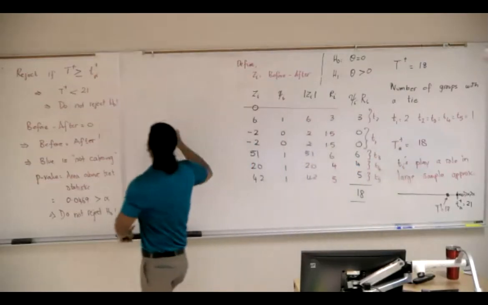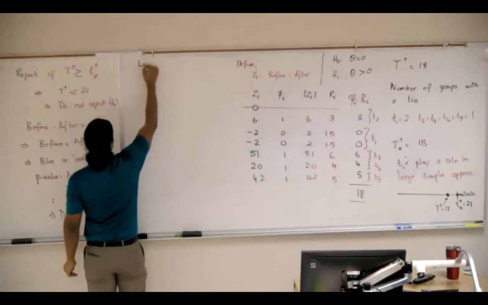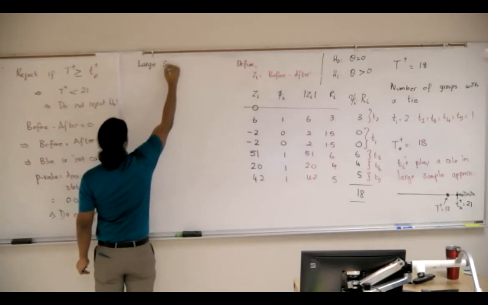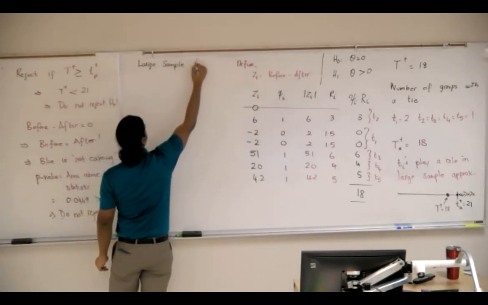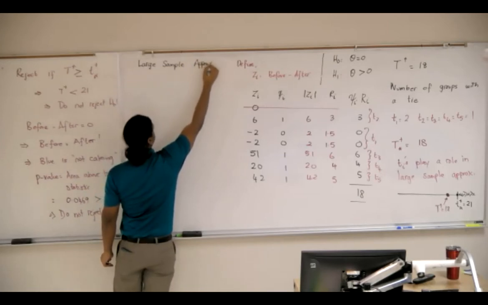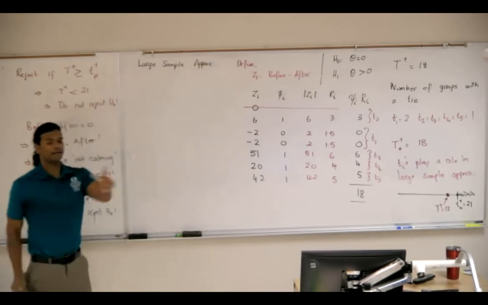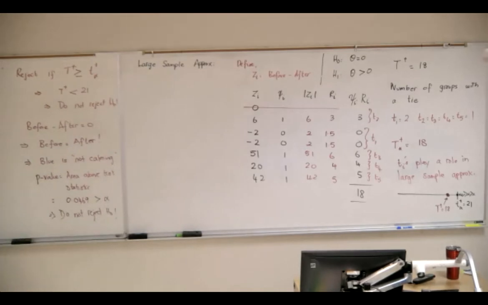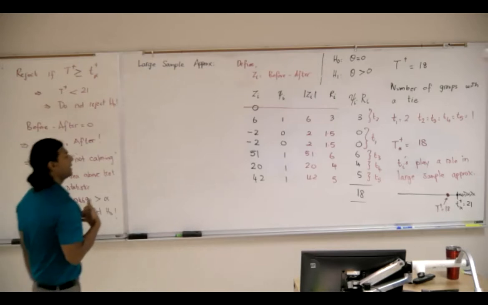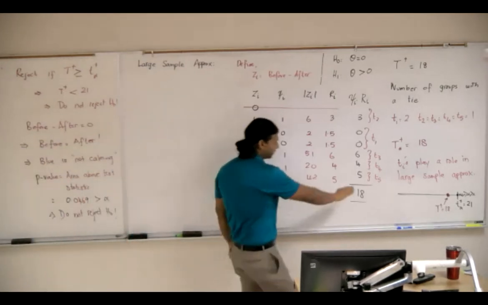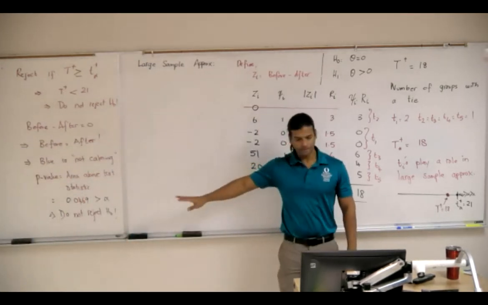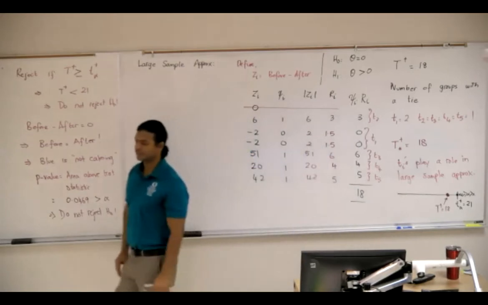So we could do a large sample approximation. I am going to assume that the large sample approximation is valid in this case. In practice, I would stop right here, where we concluded.